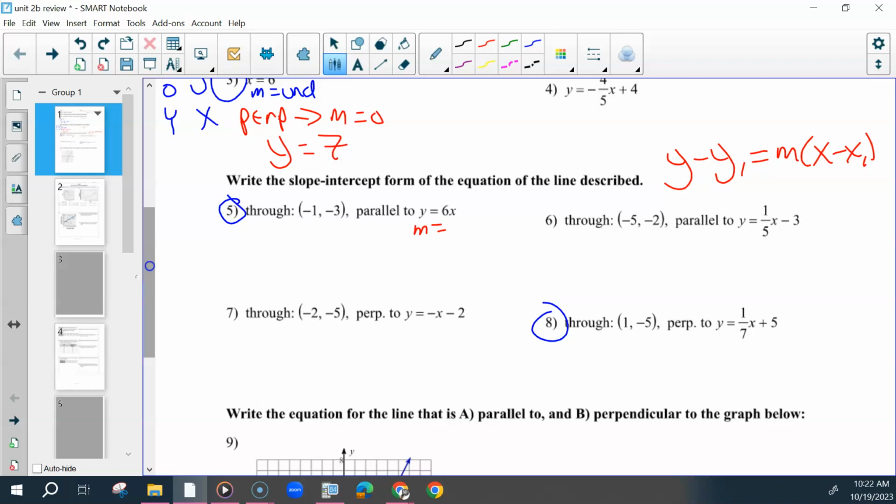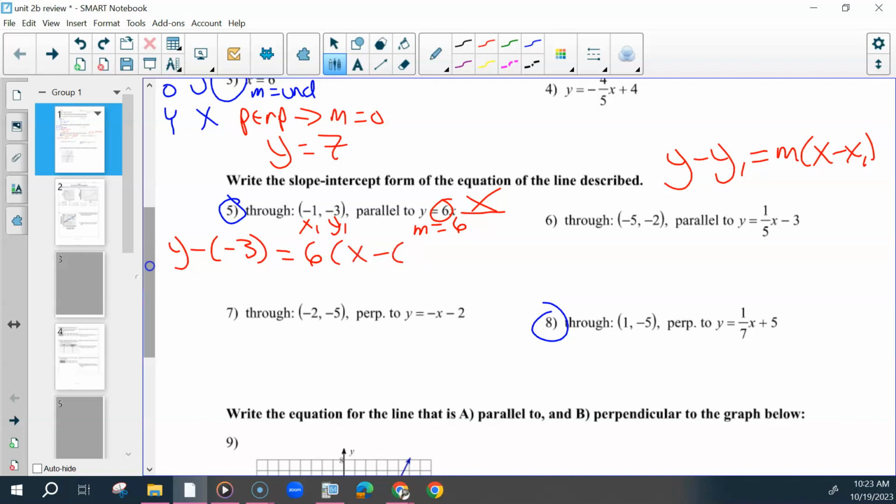It has to be the same. So you could write that m equals 6, or circle that 6, something that tells you I need that 6. If it had some y-intercept, you would cross it out. You don't need that y-intercept. You now have your x1, y1, and your m to use in your equation. So y minus y1 equals m times x minus x1.